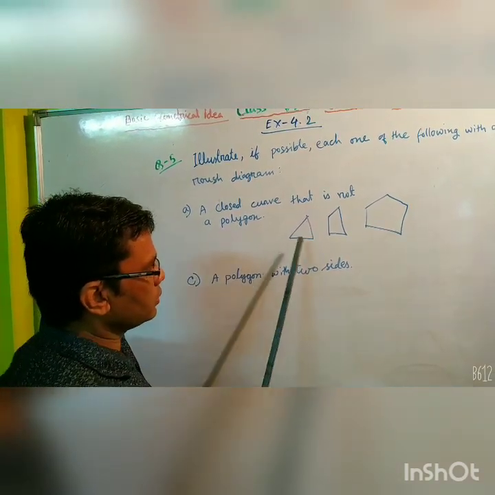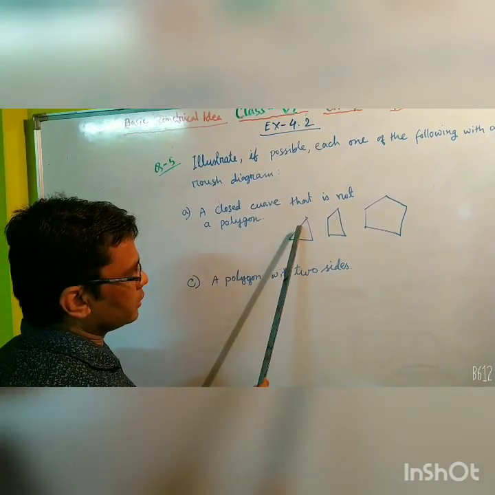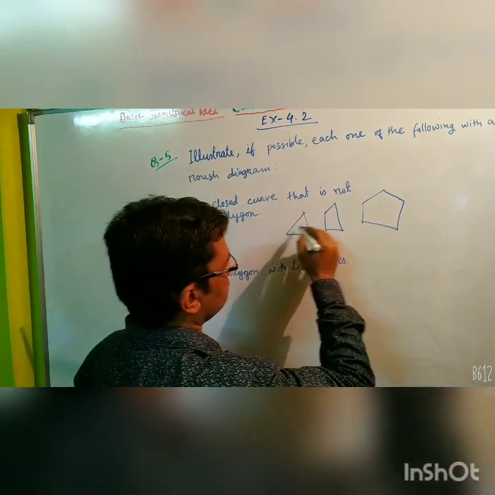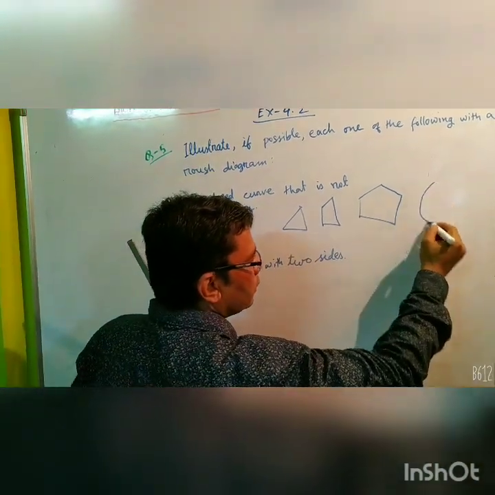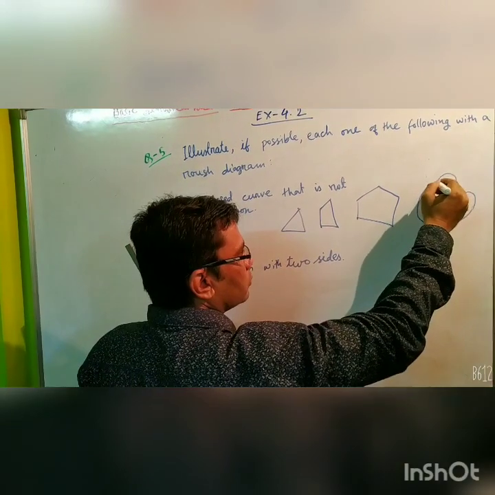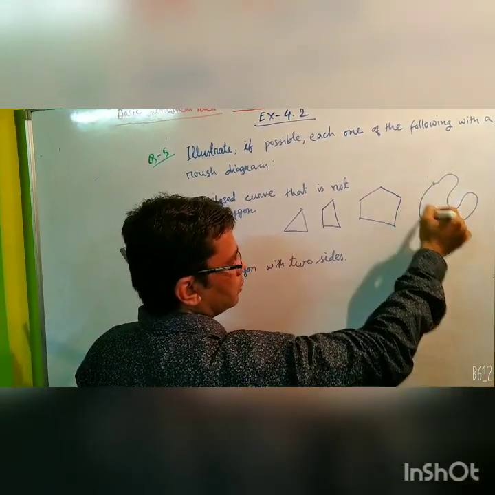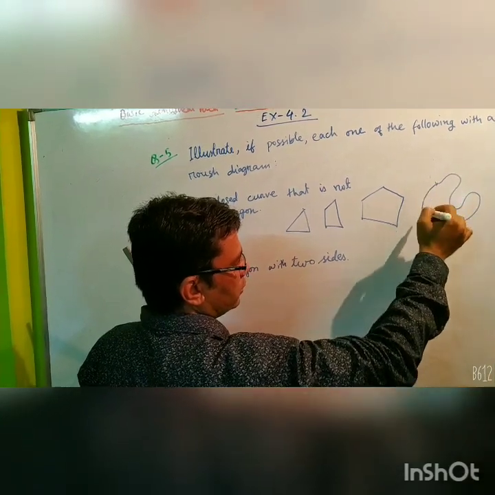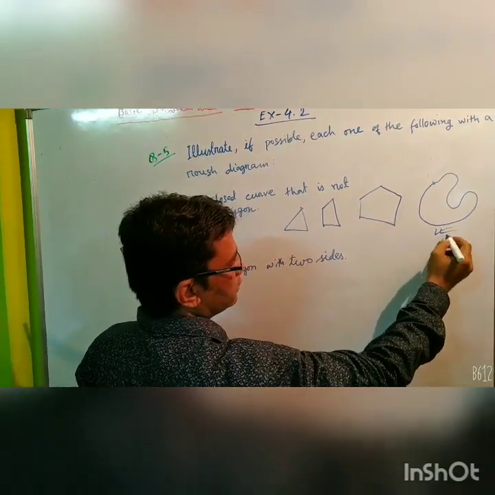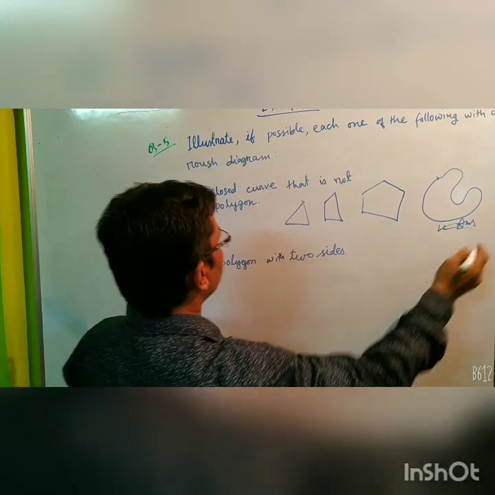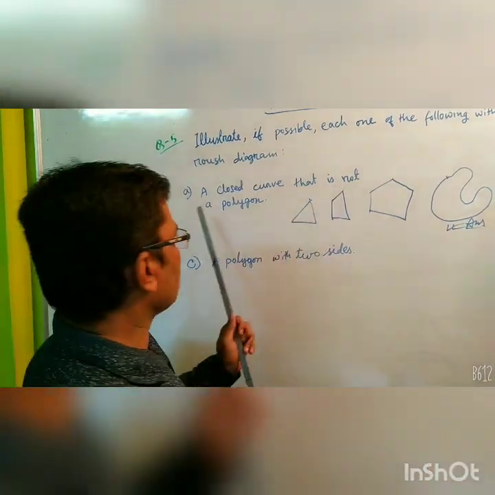What is a polygon? It has straight lines. But if this is a curve, and this is a closed curve, but there is no straight line, so this is the answer. This is a closed curve that is not a polygon.